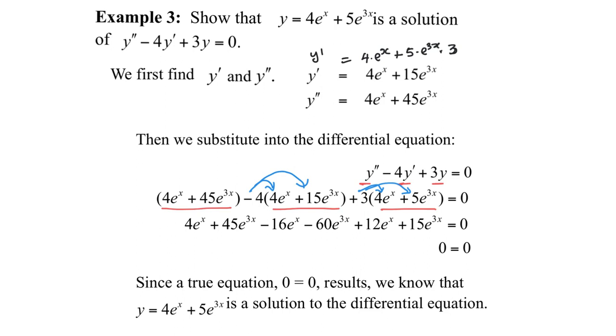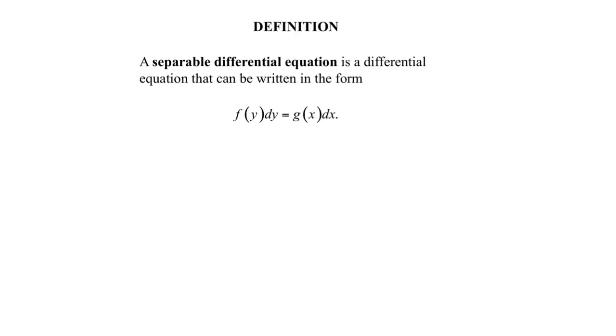So you can see that e to the x, so negative 16 plus 12 makes it 0, and 45e to the 3x, right? There is another e to the 3x, there is one more e to the 3x. That is 45 minus 60 plus 15, that is 0. So you can see left side equals right side. That means this is a solution to this differential equation.